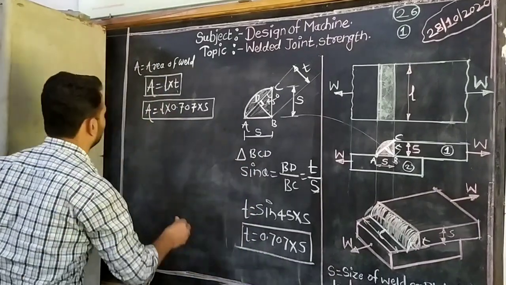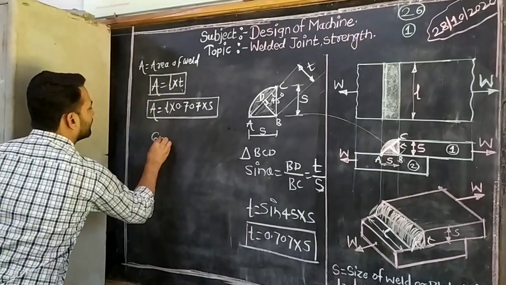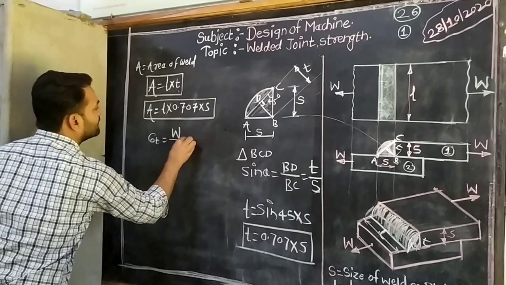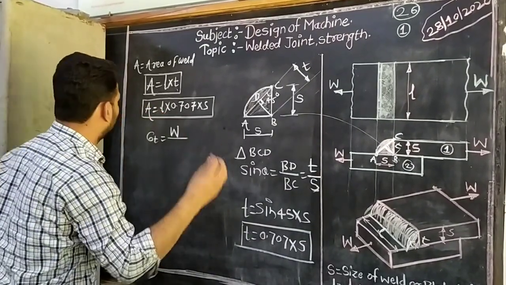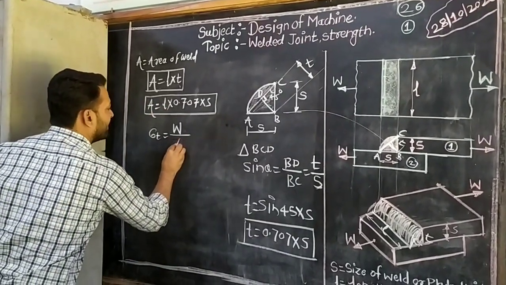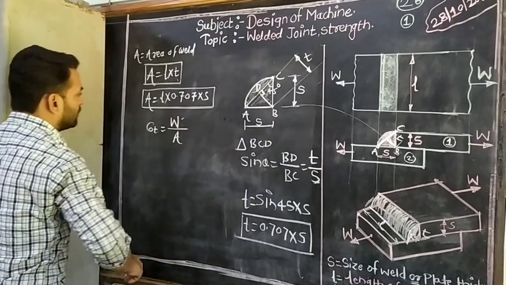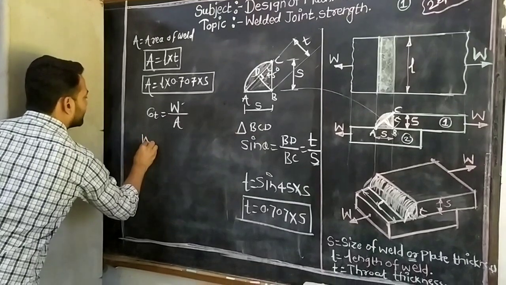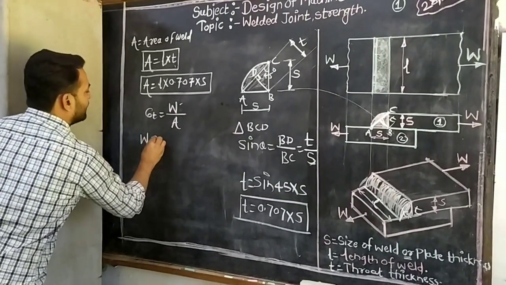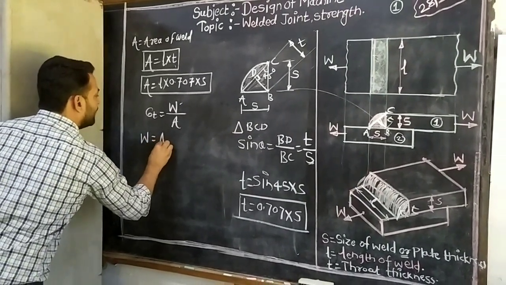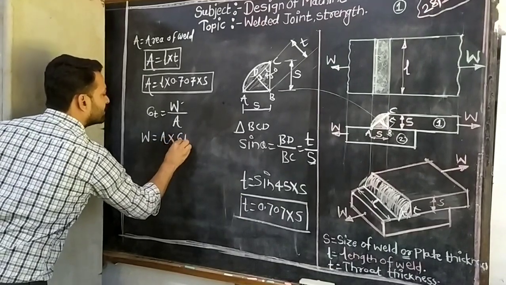So tensile strength sigma T will be equal to load divided by area of the weld. So W, the strength of the weld or load taken up by the weld, will be equal to area multiplied by sigma T.